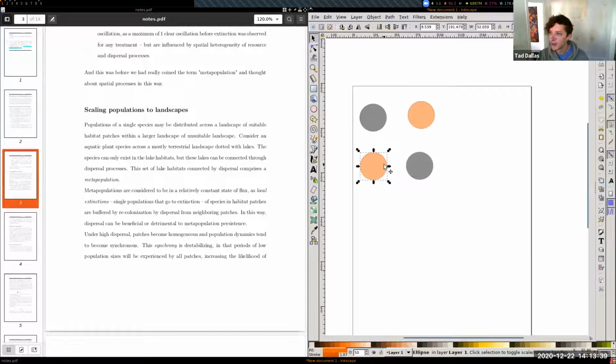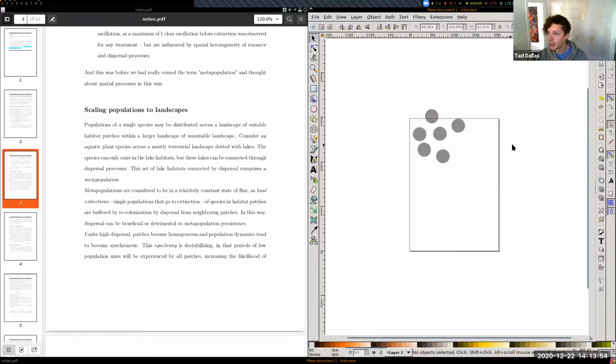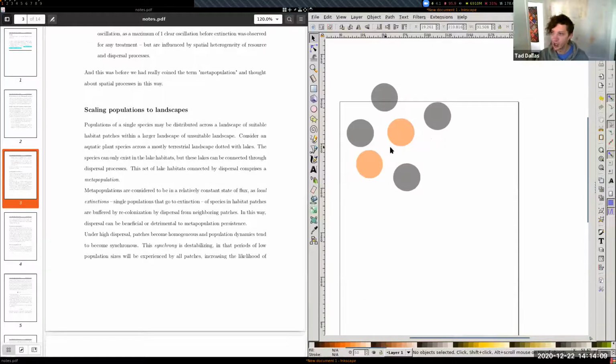I'll try to show this graphically. All right, so let's say we have this. This is our metapopulation. And let's say at time 1, these two patches are occupied.